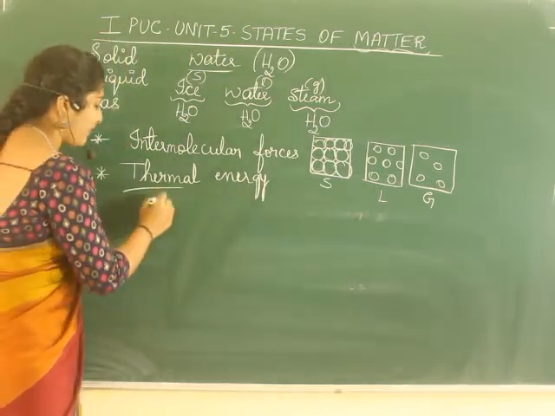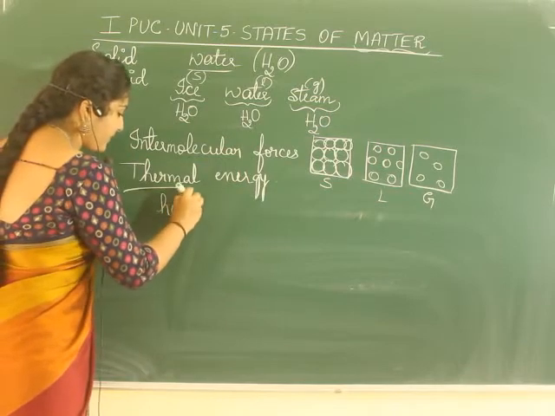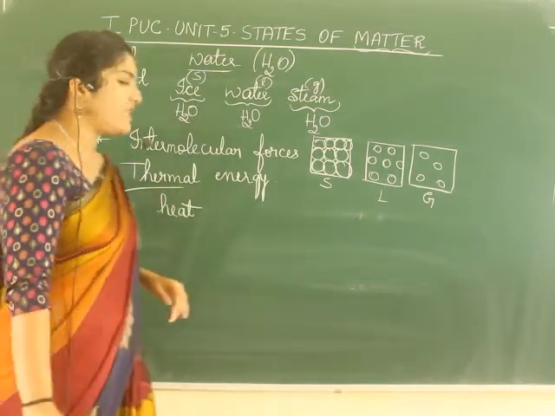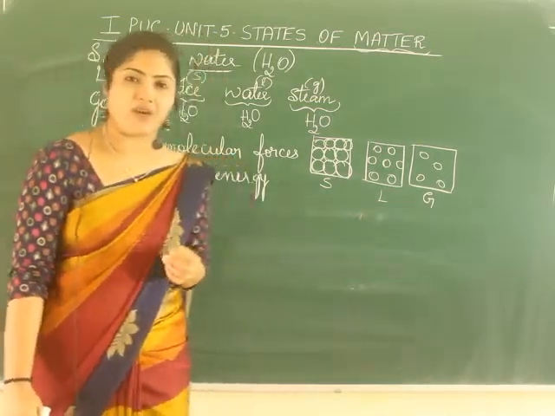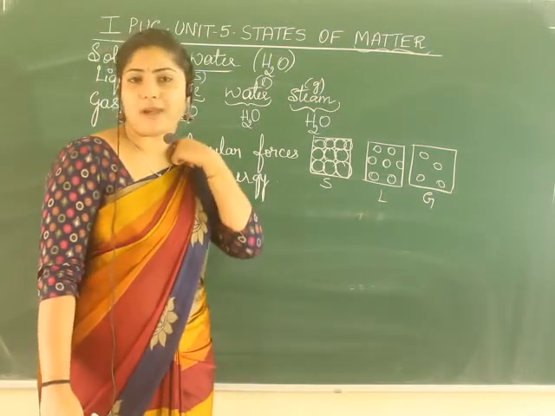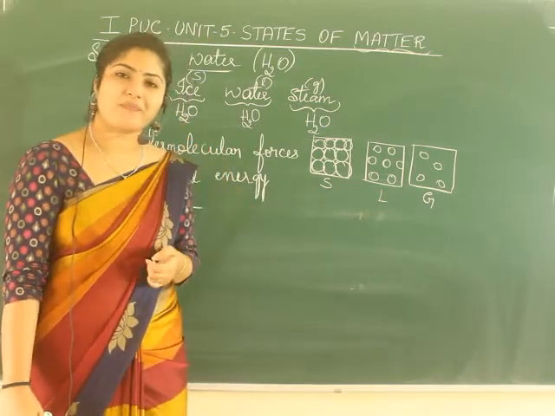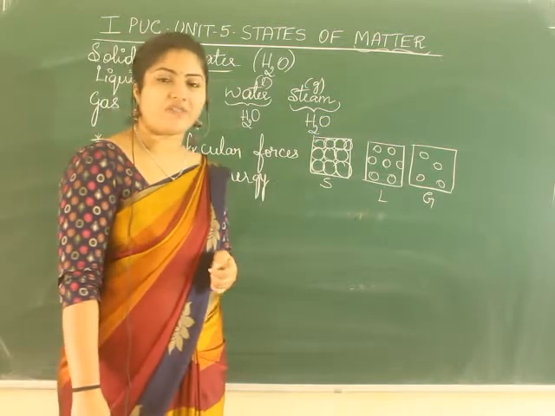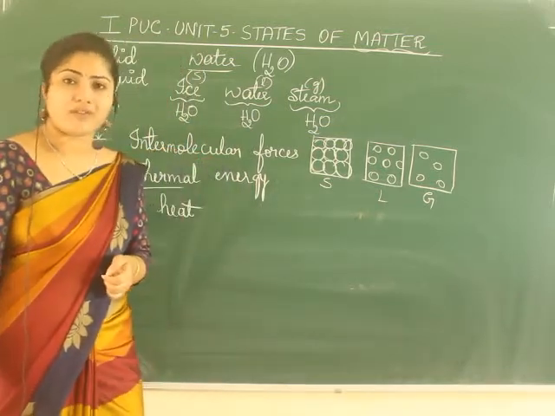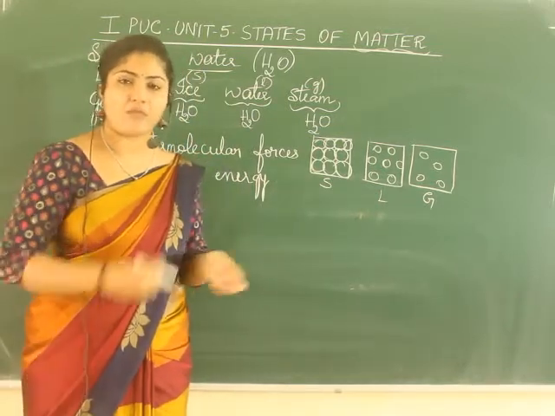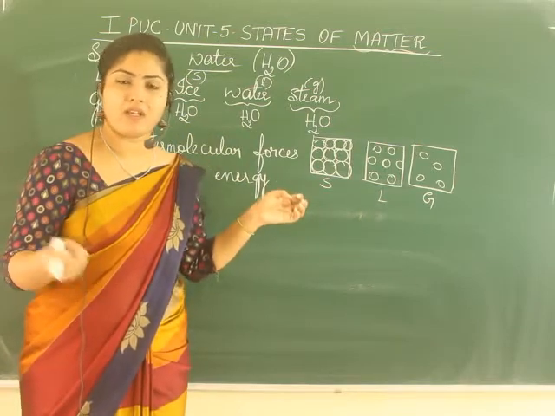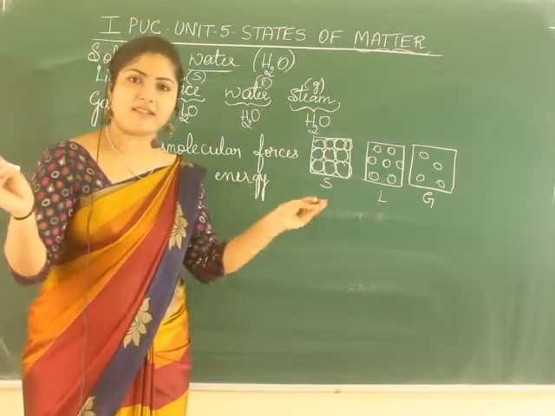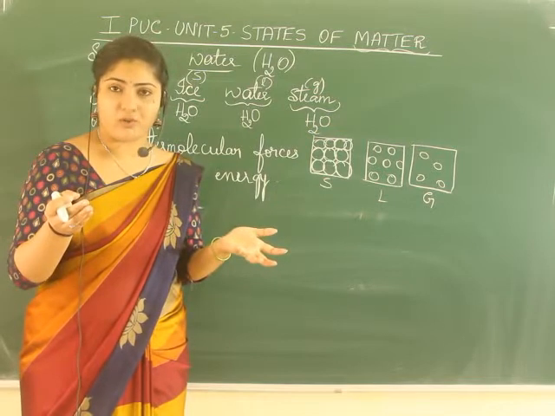Therm refers to heat. And when we speak about heat in molecules, atoms or ions, what comes to your mind? How is heat produced? In a physical system, it is because of the motion of molecules. When the molecules move faster and faster, more heat will be produced.